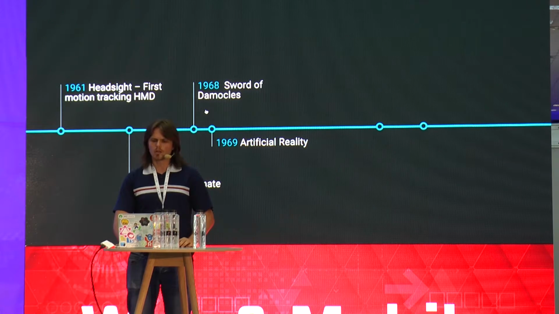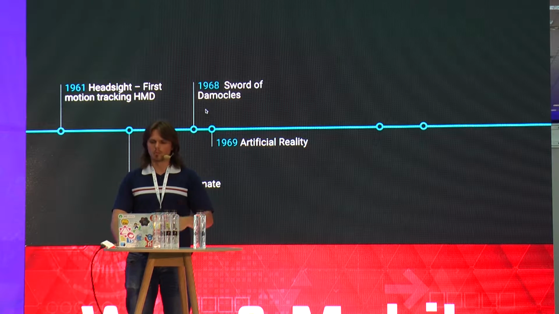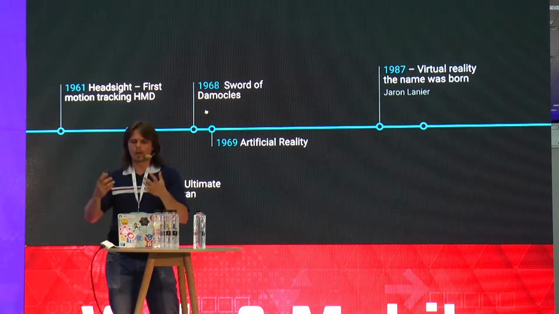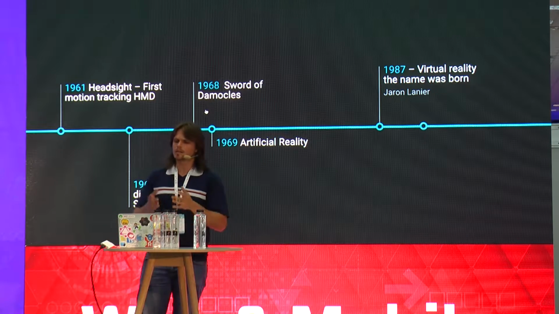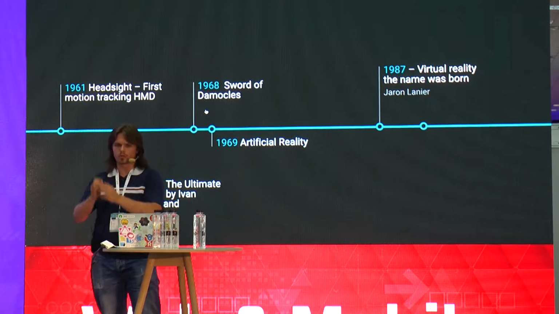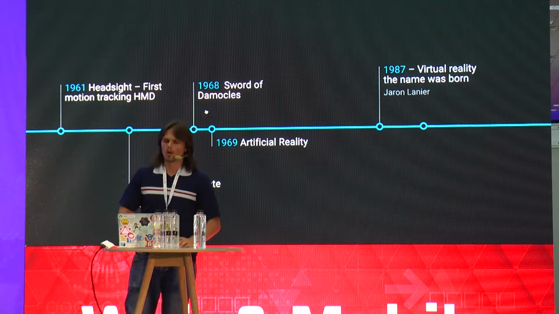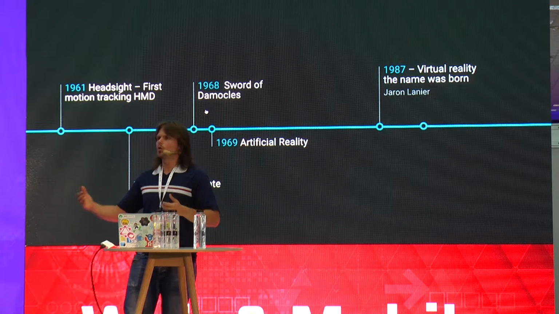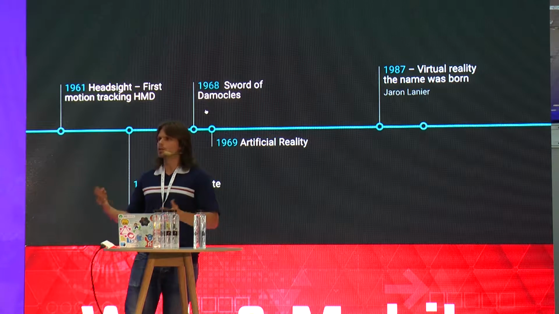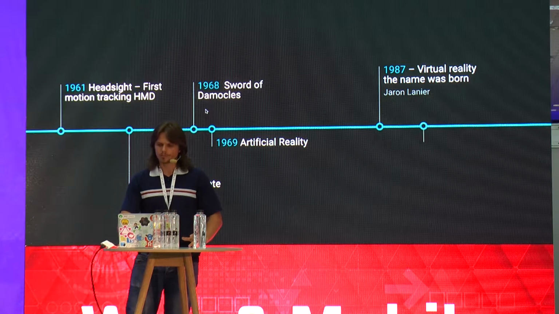In 1969, the term artificial reality was born, and in 1987, the actual term virtual reality was coined by Jaron Lanier. And from then on, virtual reality is called virtual reality.